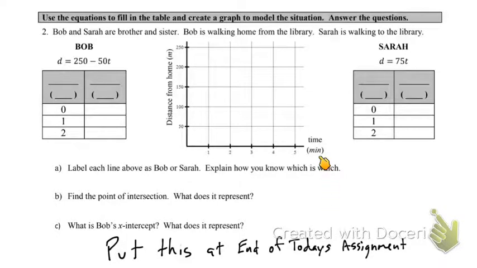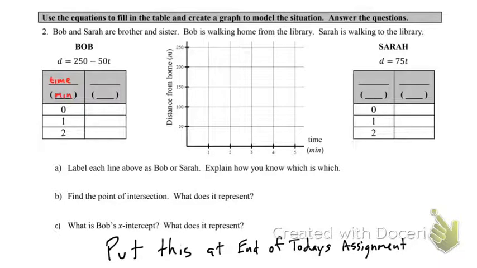Hold on, where is that? Right here. So that means this is going to be my independent variable. So we have time. Let's do Bob in red. Time, and we're going to have it in minutes.